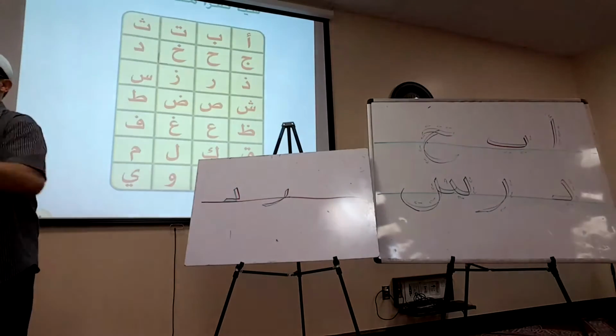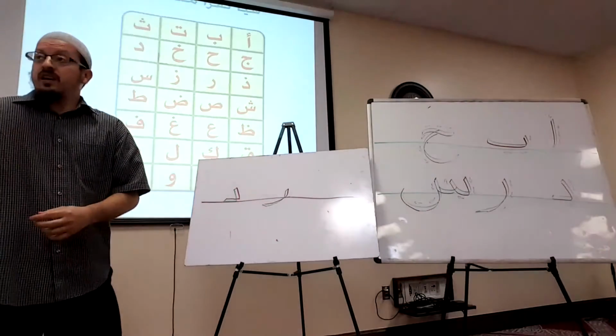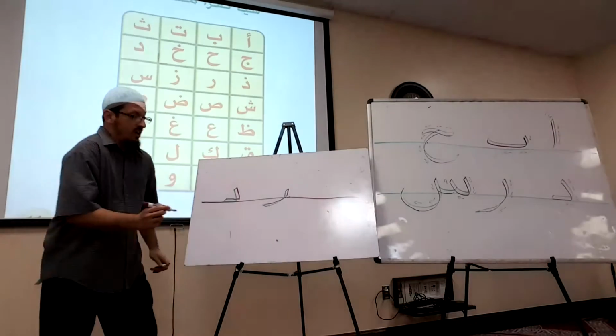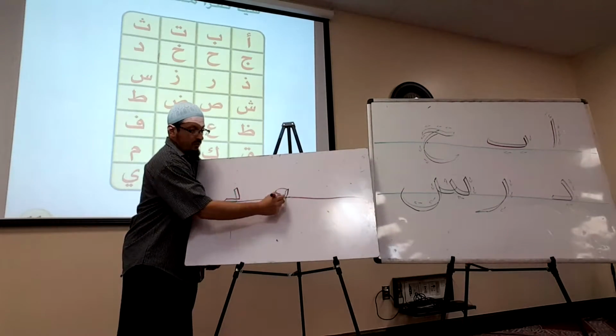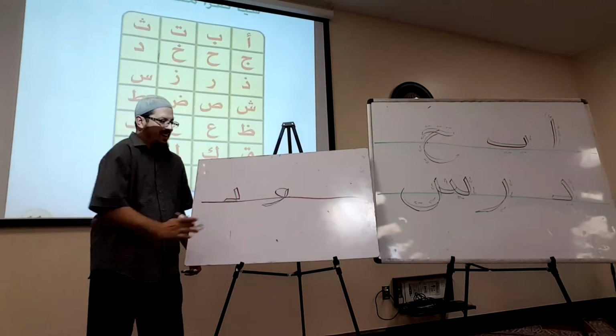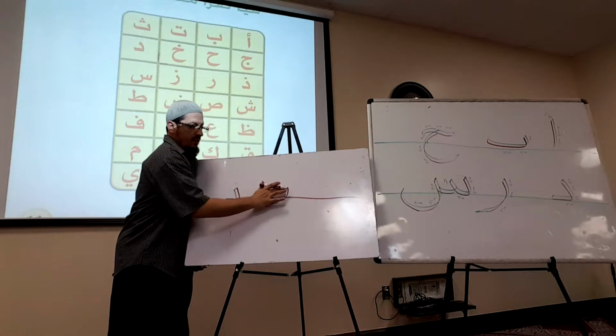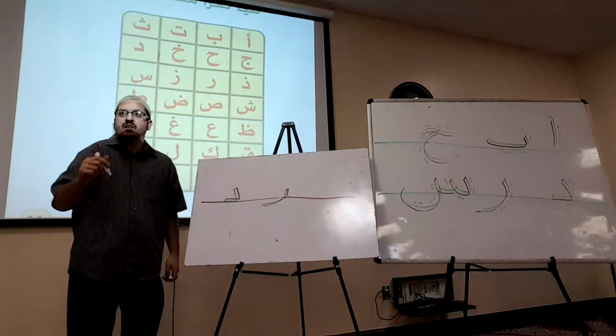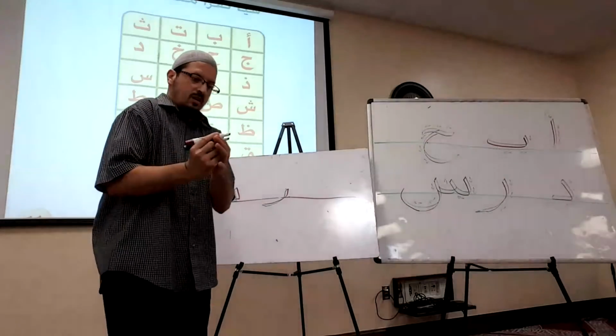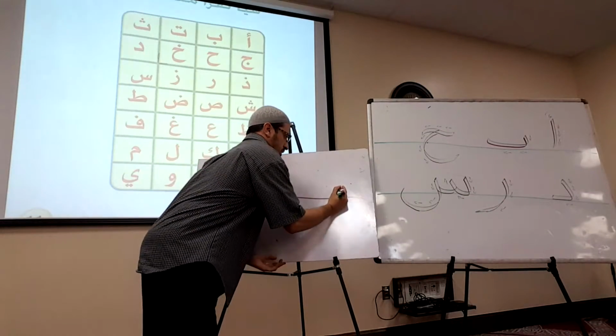That's the qaf. Right? See, there are letters, like for example, from the ra you do the wow. But now there is one letter that you do a lot of the letters with, which is the noon. Let me just show you this. The noon.